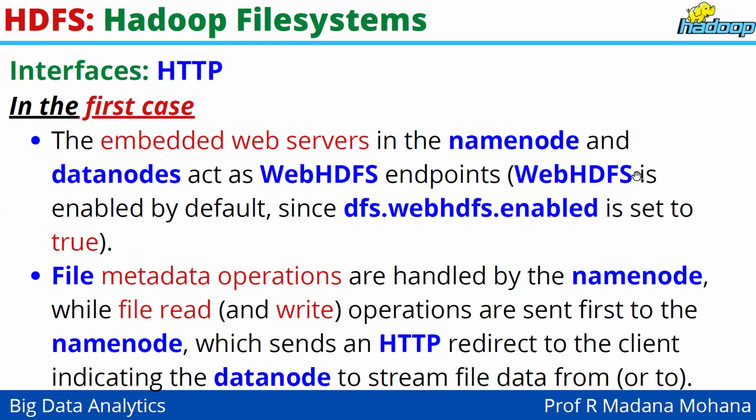Here, WebHDFS is enabled by default since dfs.webhdfs.enabled is set to true. File metadata operations are handled by the name node, while file read and write operations are sent first to the name node, which sends an HTTP redirect to the client indicating the data node to stream file data from or to.